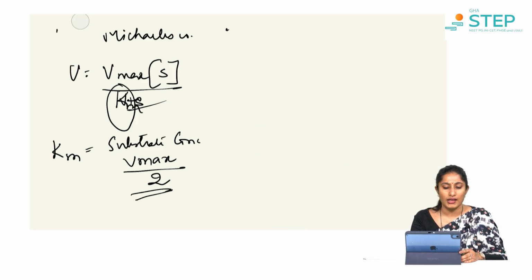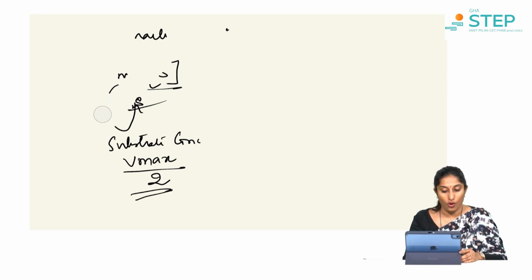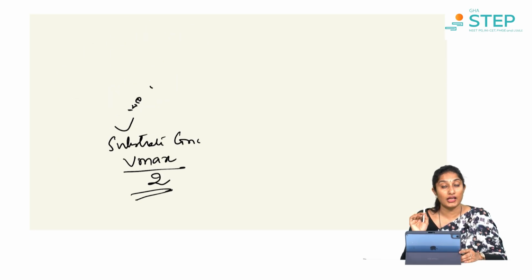Now, Km is a constant, or Km is a signature for the enzyme. Every enzyme substrate complex would have its own Km. So, when a Km is low, that means it binds to the enzyme with a very high affinity.